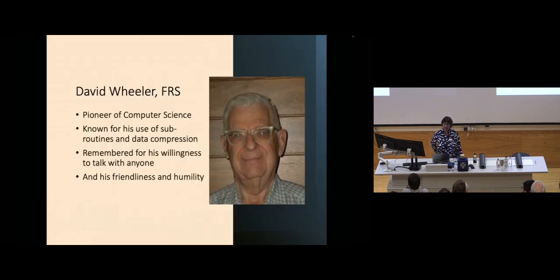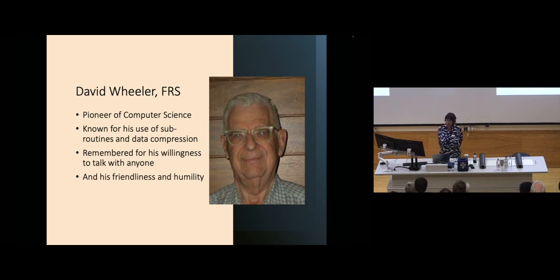This lecture is named after David Wheeler, who unfortunately I didn't have the opportunity to meet, but I met his wife Joyce at lunch today, and I heard a bit more about him. He is a pioneer of computer science, and he's known for lots of things, including some of the first computers, but also his use of subroutines and data compression techniques.